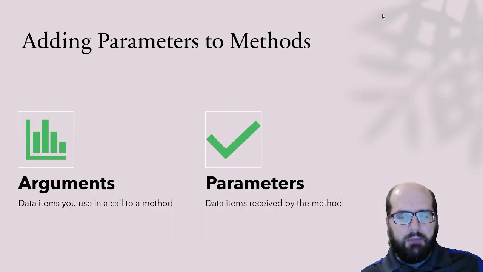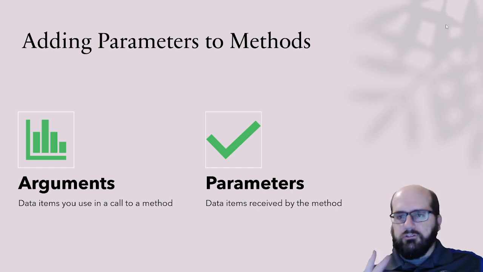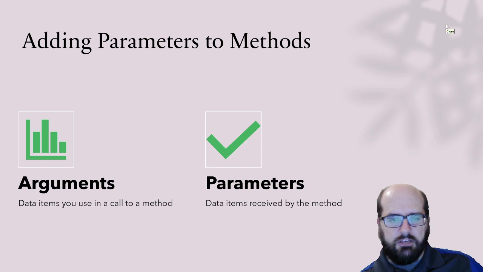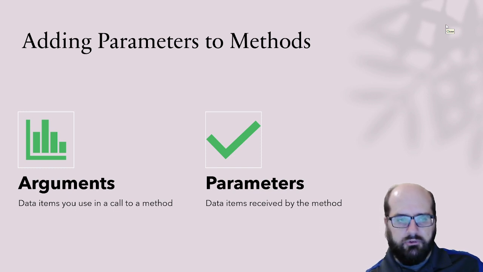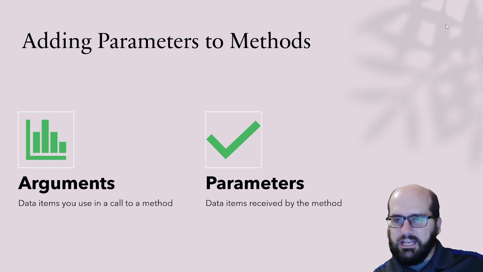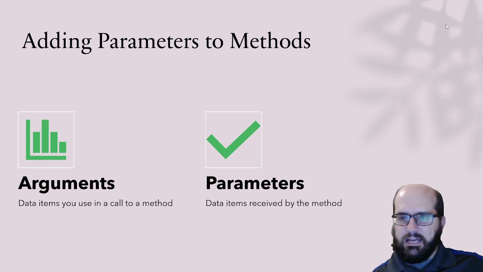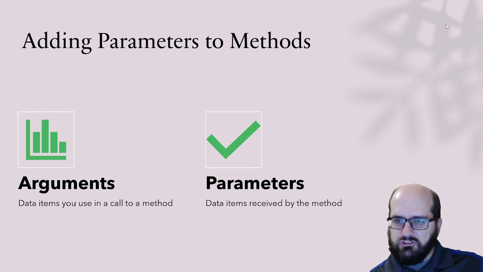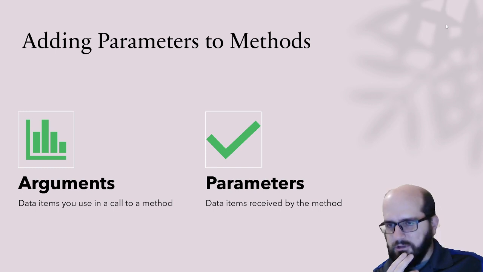When we add parameters to a method, there's two keywords we often use. The first one is the argument, and that's the actual data items you use in a call to a method. So it's the literal value you're passing in. For example, if a method takes in a name and I send in the value Chad, then that Chad is the argument, and the parameter is whatever the method header is defined as the name.